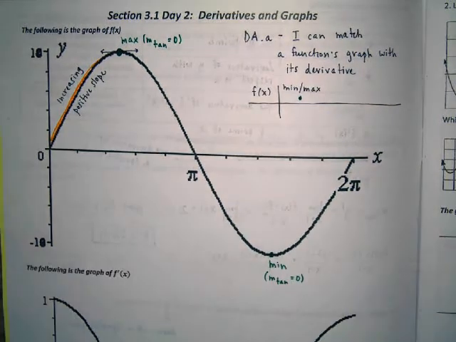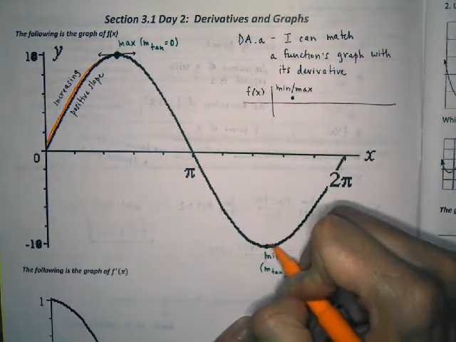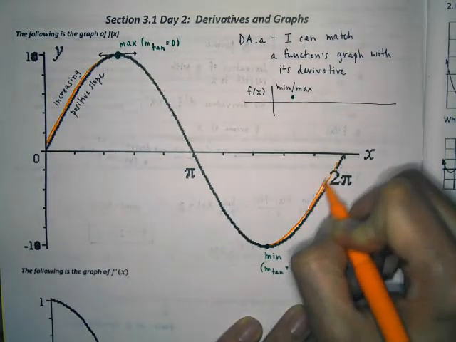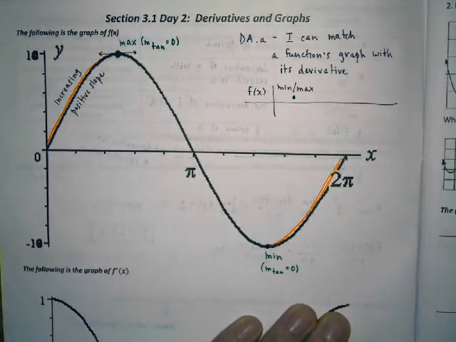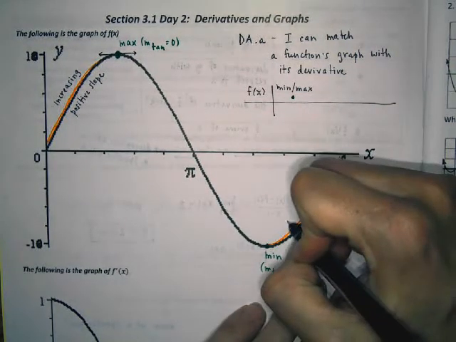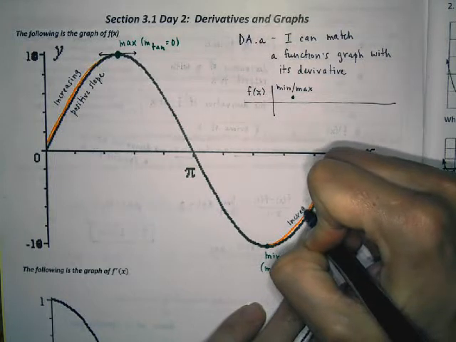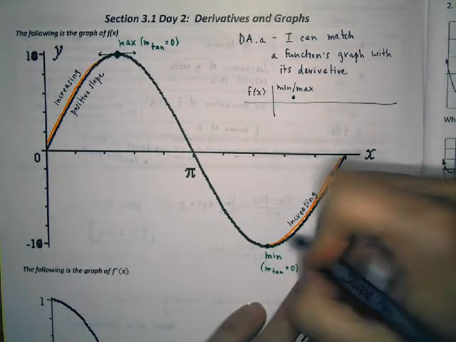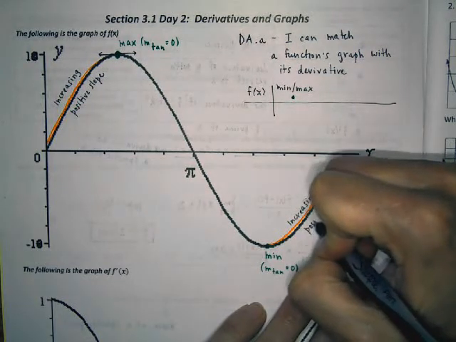And I can also note that on this interval here, I also am increasing or have a positive slope. I'm tracing over that pretty heavy so that you can see that. So again, I'm increasing, which also means that I have a positive slope.